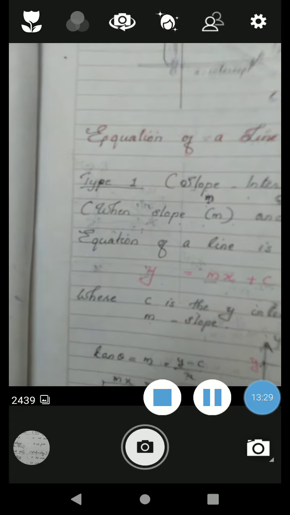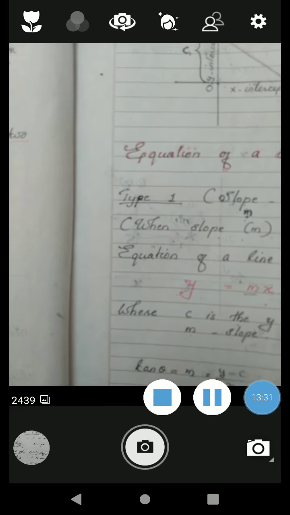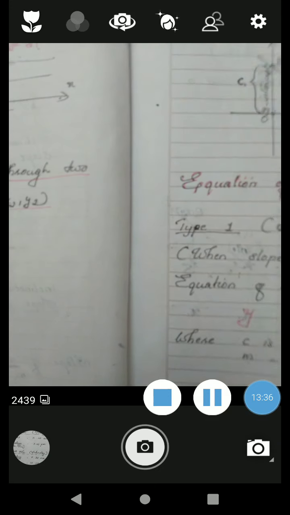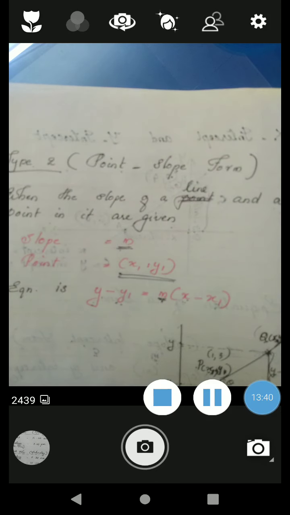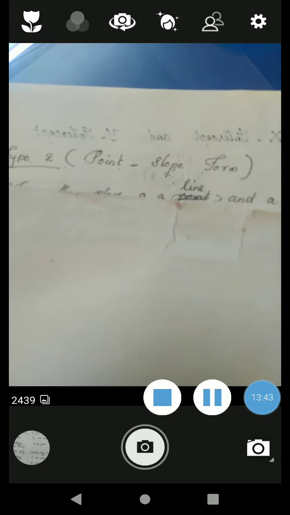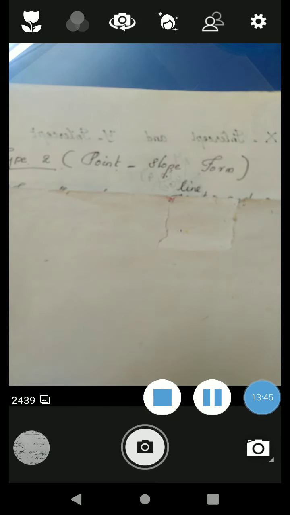And what is the second type? If one point on a line and its slope are given, that means point slope form. First one is slope intercept form, second one is point slope form.